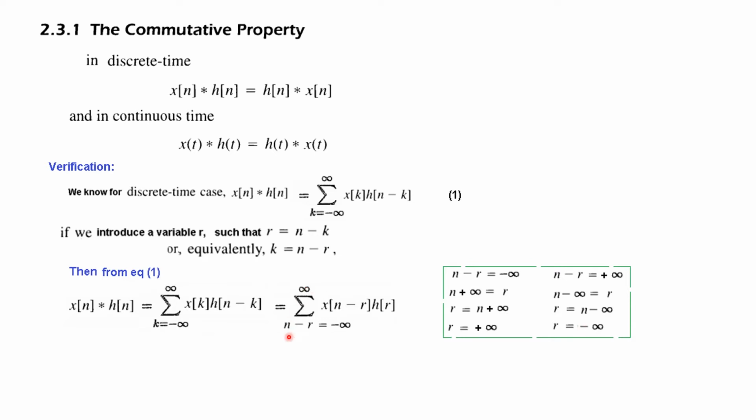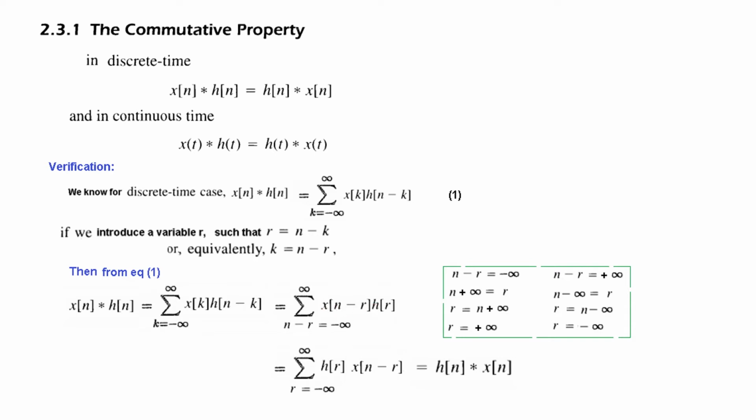Therefore, the limit will now become minus infinity to plus infinity. Actually, according to this, it would be plus infinity at the bottom and minus infinity at the top, but we can also write minus infinity at the bottom and plus infinity at the top, no change.